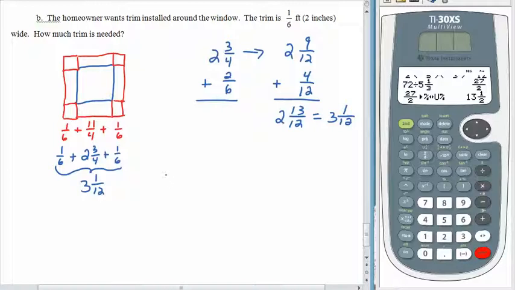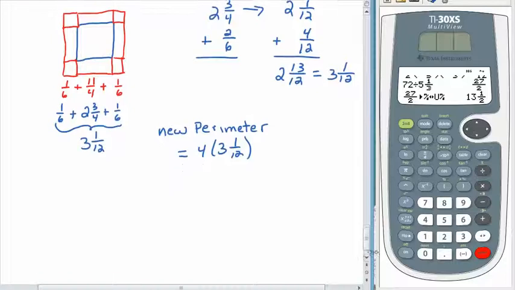The new perimeter, we need 4 times 3 1/12. Now watch this. This is pretty slick and way faster than you can do on your calculator.